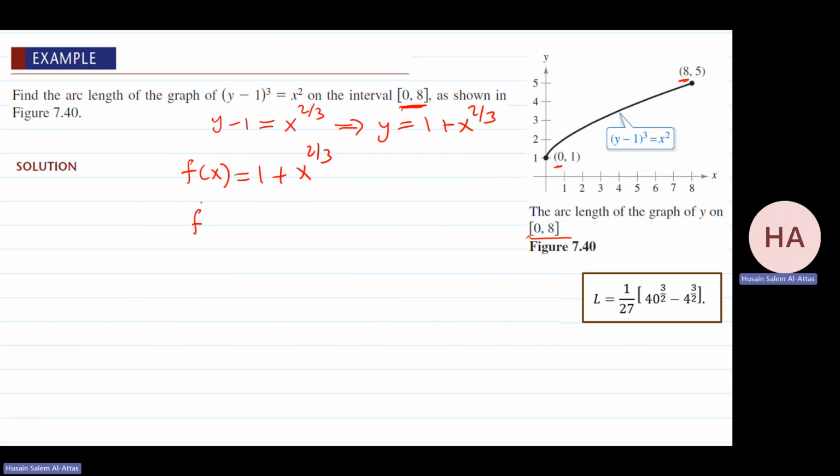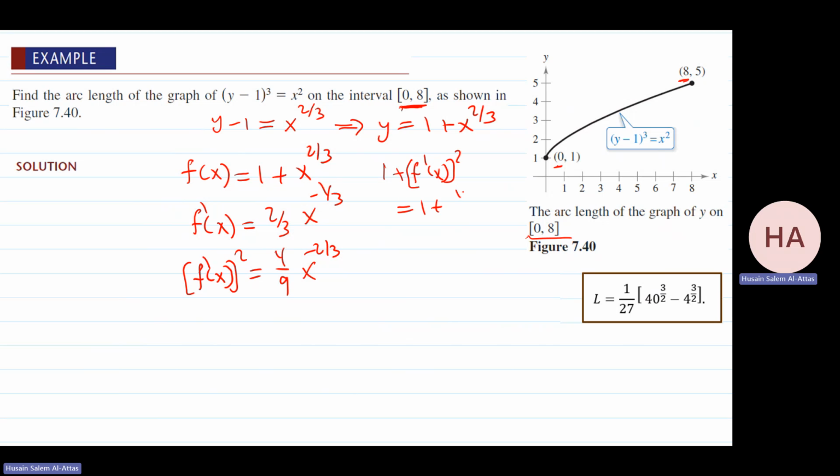So f prime will be what? 2 over 3 x to the power minus 1 over 3. f prime squared will be 4 over 9 x to the power minus 2 over 3. 1 plus f prime squared is the usual catch.